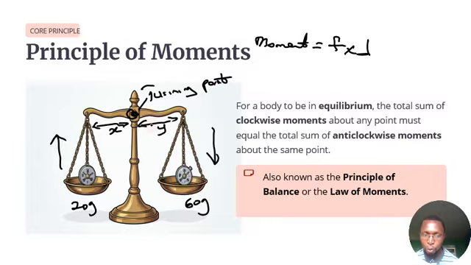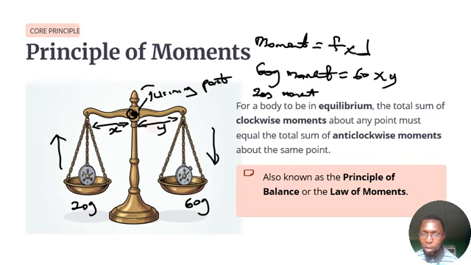So for that of 60 gram, its moment is going to be 60 times the distance from that turning point, which is y. Then for the 20 gram, its moment will be 20 times x.